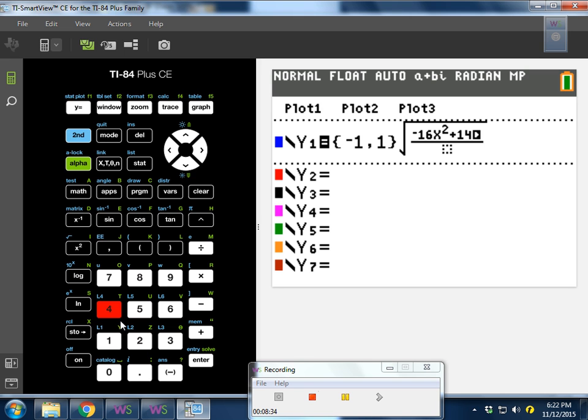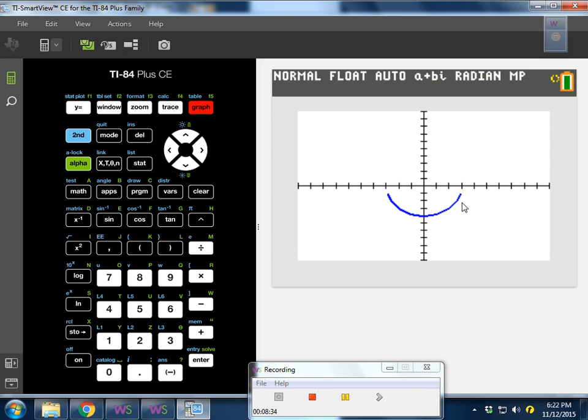I think we had even written it as 144 minus 16x squared. That's fine too, it doesn't matter. You can put it exactly like it looks. And that was over 9. So again, it's going to graph the negative part first and then the positive part.